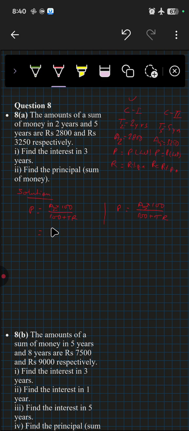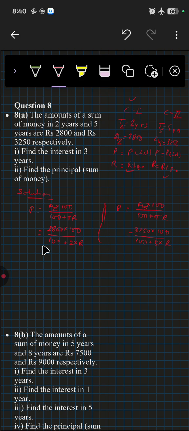Amount in 2 years is 2800 multiplied by 100 by 100 plus time, which is 2 years, and rate we don't know, let it be R. Similarly, principal will be equal to amount in 5 years, 3250, multiplied by 100 whole upon 100 plus time, which is 5 years, and rate R. Rate and principal will be the same, there will be no change in that.